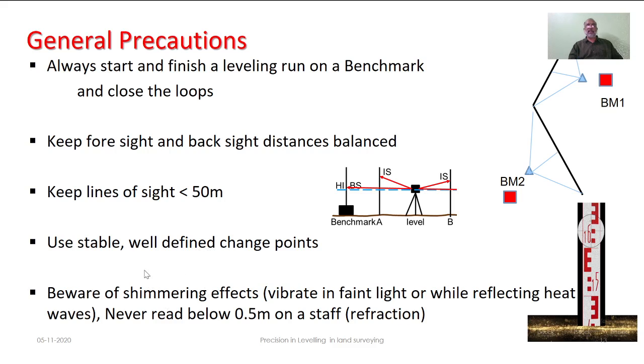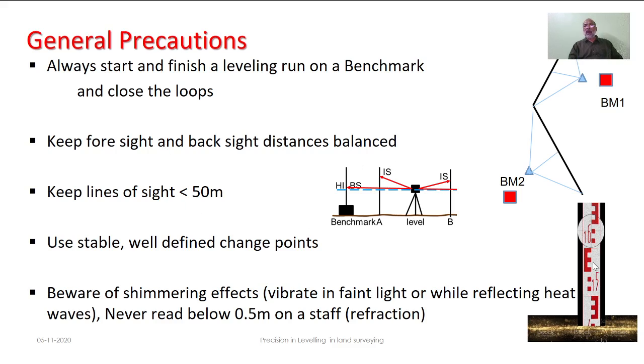As discussed previously, this particular shimmering effect, which is because of the vibration in the paint light or the reflection of the heat waves, may involve some natural errors.